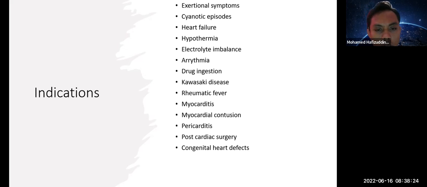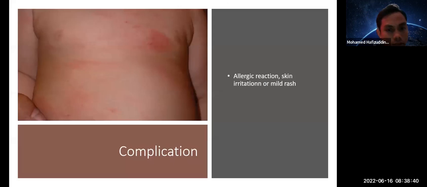And also if there is a presence of several diseases regarding the cardiac itself, such as Kawasaki disease, rheumatic fever, myocarditis, and so on.